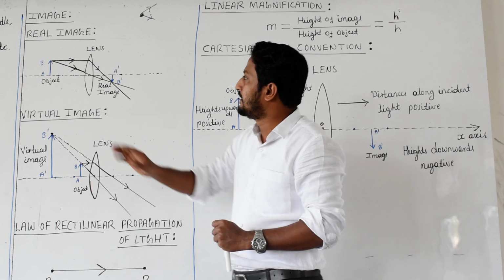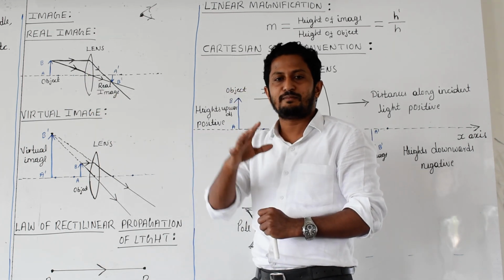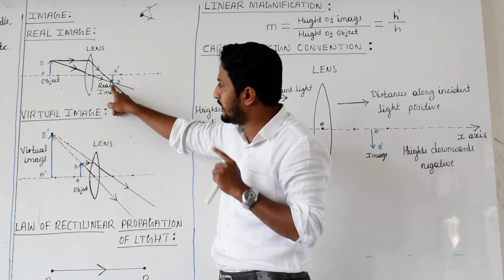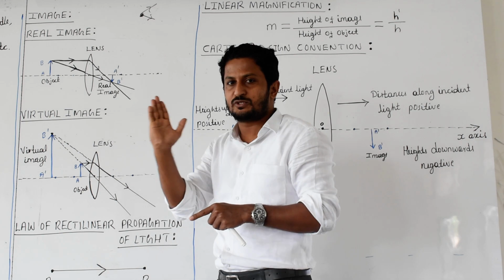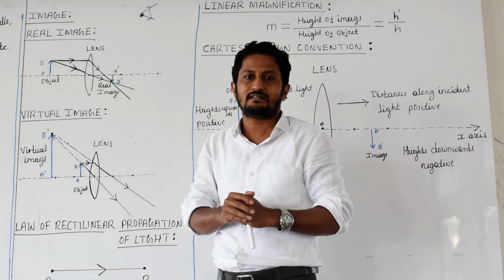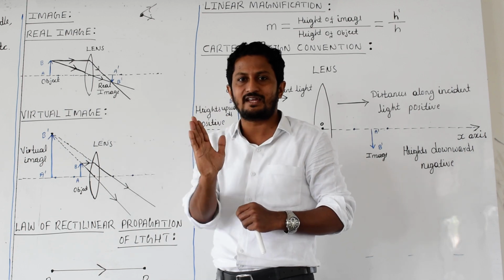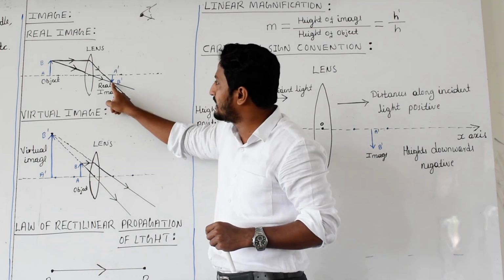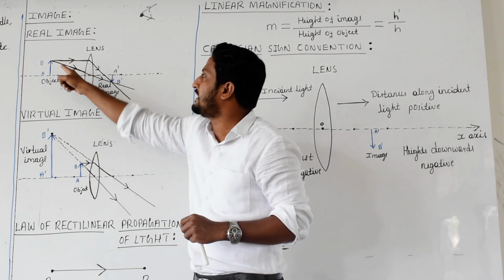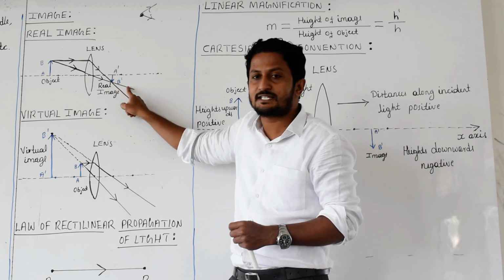See here, suppose, here they got merged, they met. At that position, if you place a screen, on that screen you will see the image of that object AB, which I named A dash B dash.